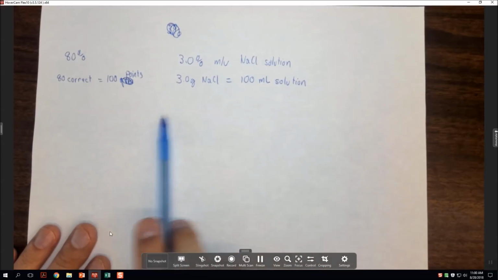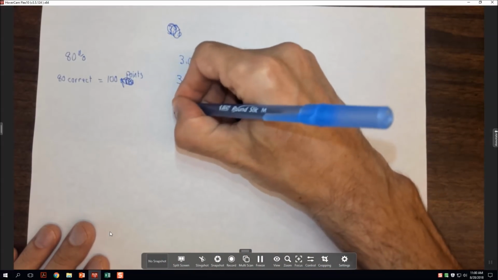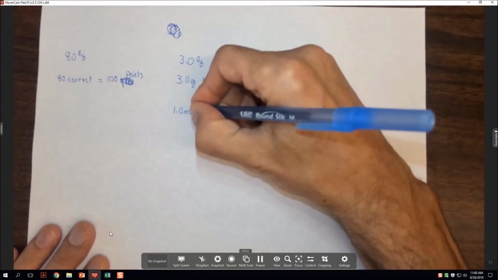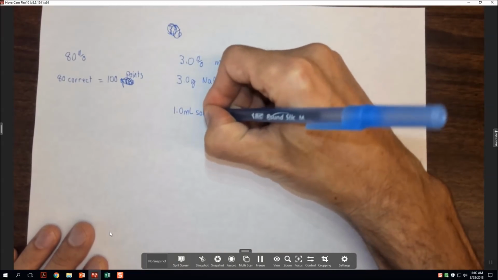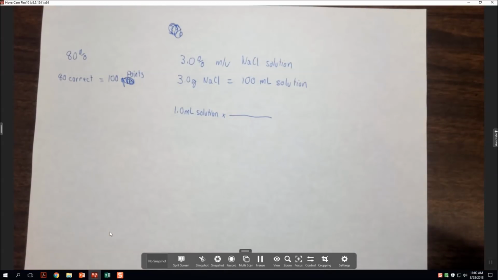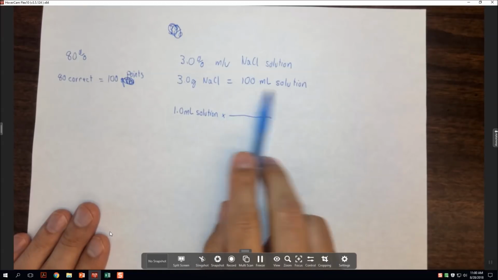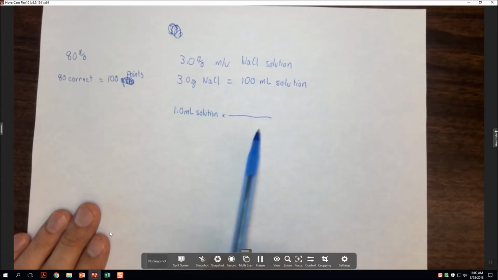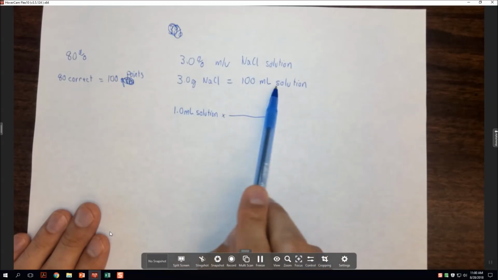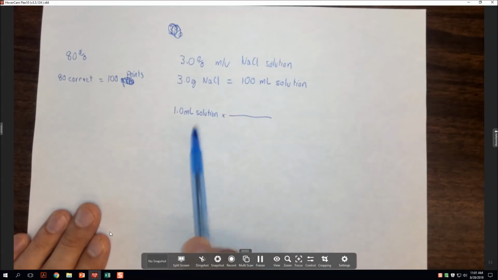Well, this equality is very important because now we know we're starting with 1.0 milliliters of the solution. Times, we now want to use dimensional analysis, which is a fraction. We want milliliters of solution to cancel. So in all dimensional analysis, you're going to have one thing equal to another thing. And you're going to want to put one of those two things on the bottom and one on the top. The thing on the bottom is the unit you want to get rid of.